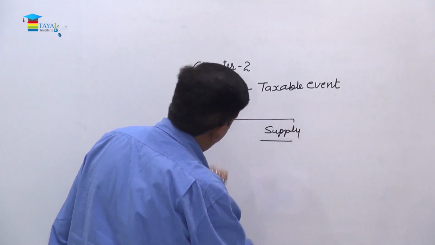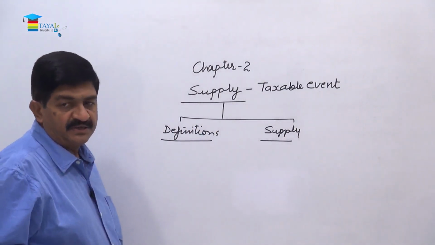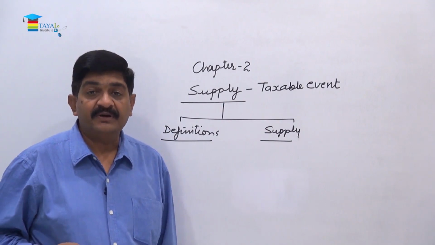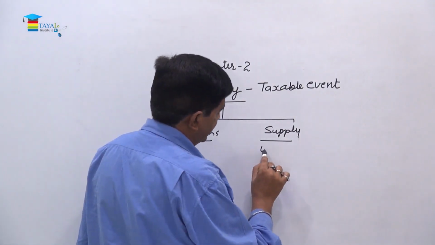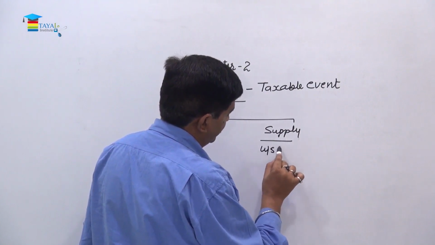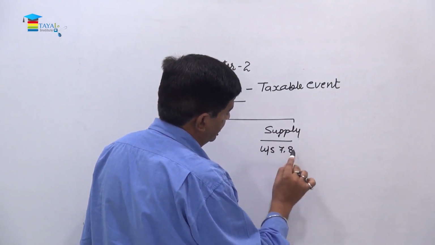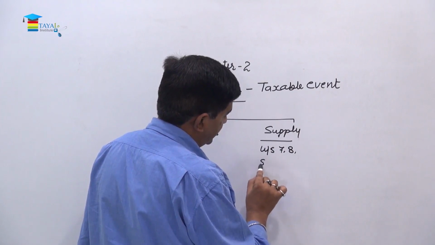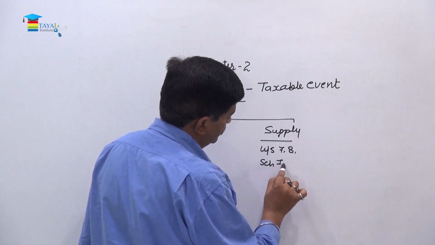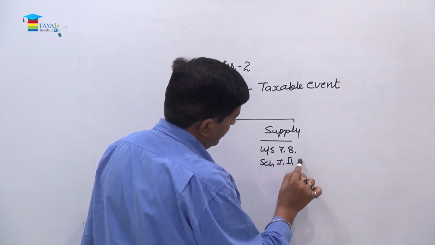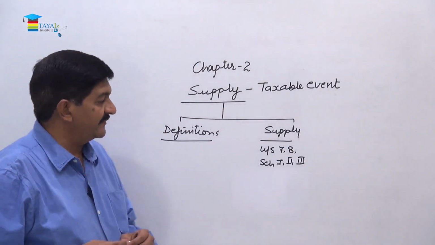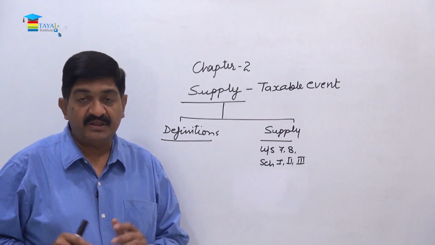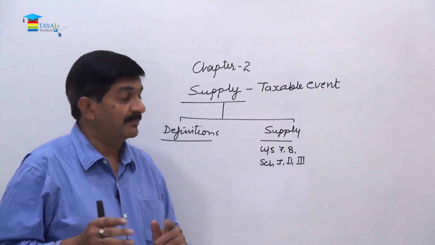Definitions under CGST are all given under section 2, and the term supply is explained under section 7. This is to be read with section 8, and also with schedule 1, 2 and 3. When you understand section 7, 8 as well as schedules 1, 2 and 3, then you really understand what is called supply.